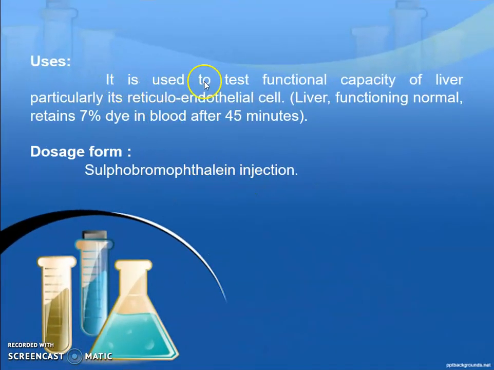Uses: it is used to test the functional capacity of the liver, particularly its reticuloendothelial cells. Normal liver function retains 7% dye in the blood after 45 minutes. Dosage form: it is available in the form of sulfobromophthalein injection.